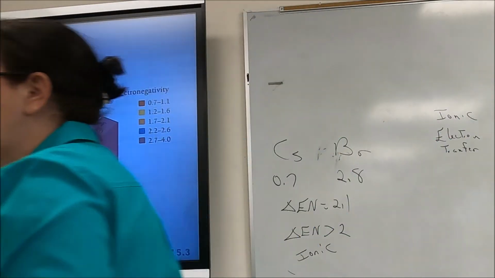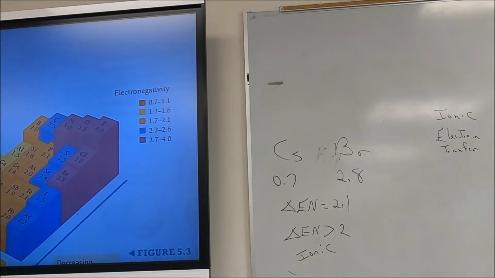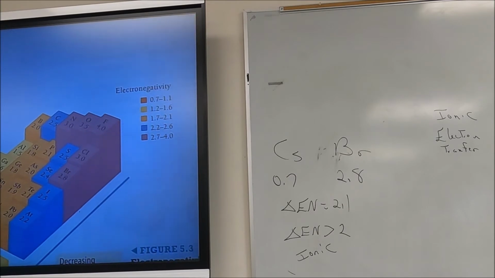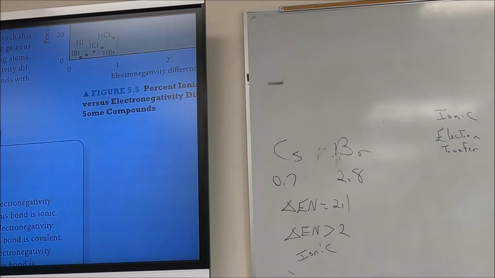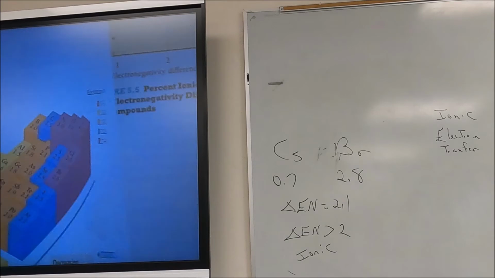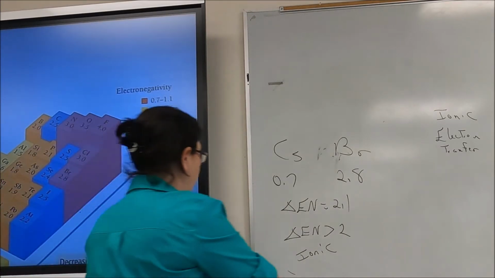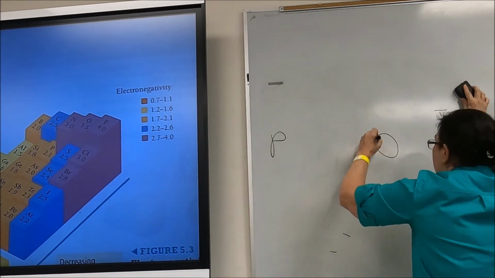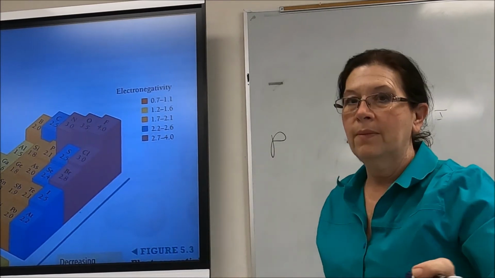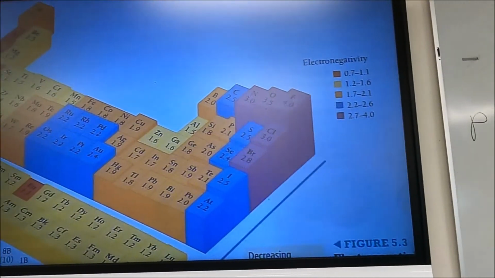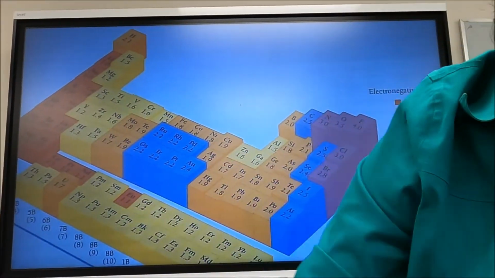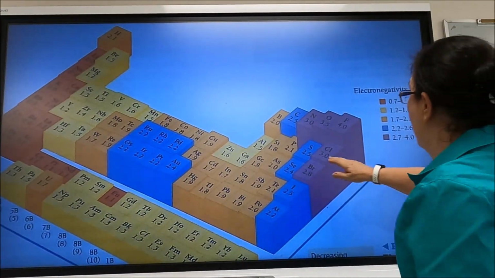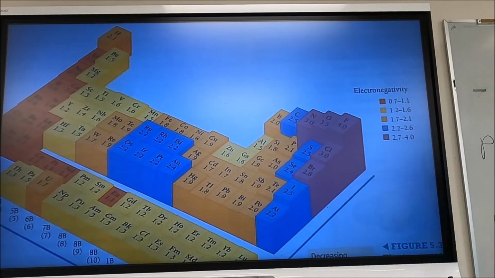Okay? If we look at the next two atoms that we're supposed to pair up, they are phosphorus and oxygen. So let's look at phosphorus and oxygen. We look at phosphorus, its electronegativity is 2.1.